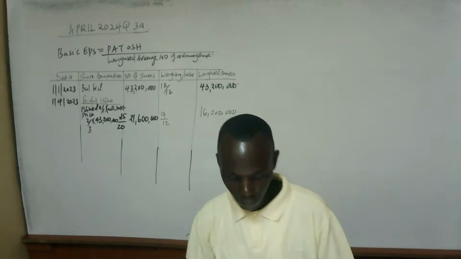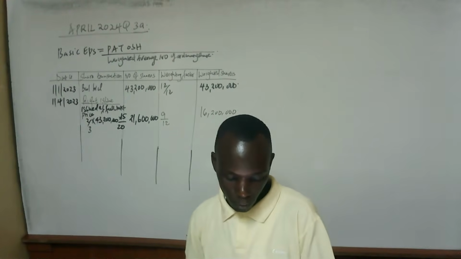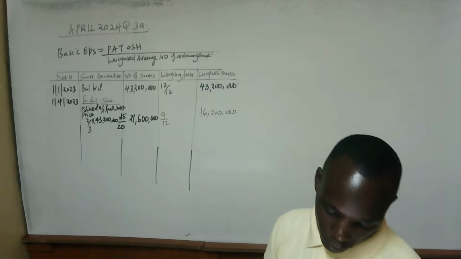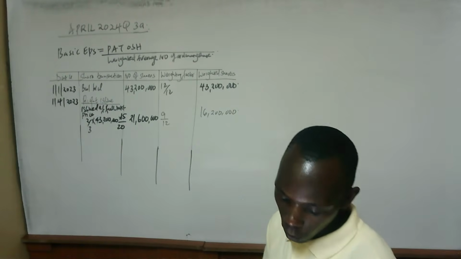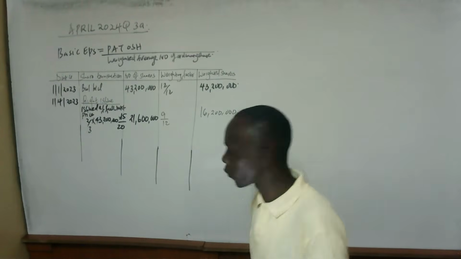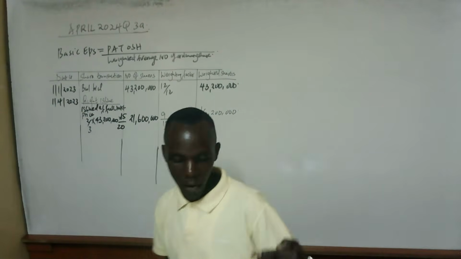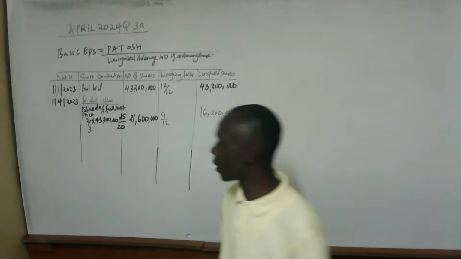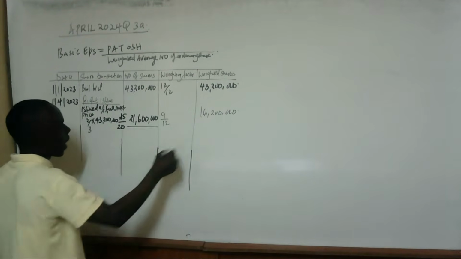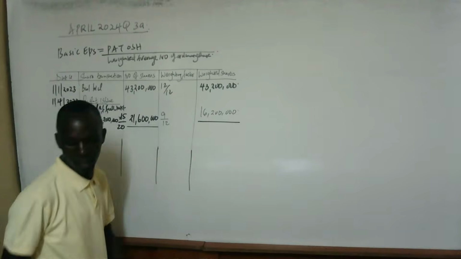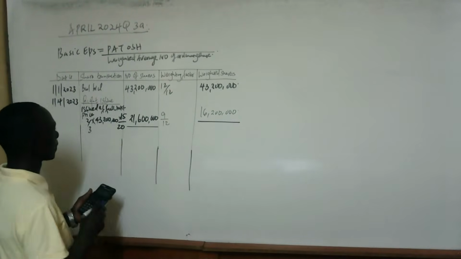Then once we have adjusted that note, we go to the next note. The next note is talking about on 1st July 2023, Tunza Limited issued 36 million ordinary shares at full market price. But before there, we have not computed the bonus. So let us compute the bonus before we go to the next note. And anytime we talk about the bonus, you must think about accumulating, because the bonus is never weighted.